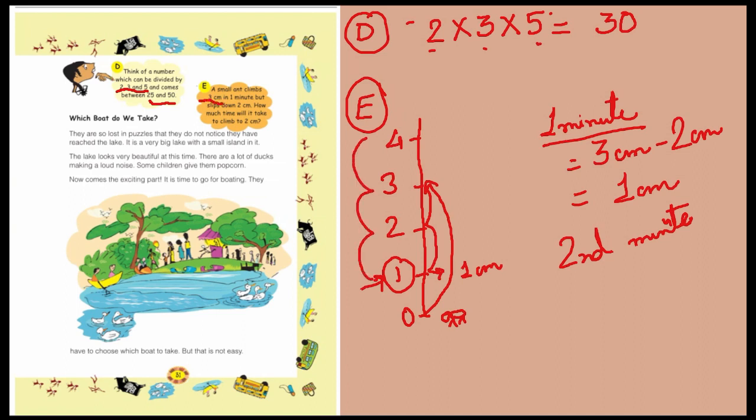So 1, 2, 3 here. But then again slips back 2 centimeters. So 1, 2. So now the ant is here. That means to climb 2 centimeter, it will take 2 minutes. So the answer will be 2 minutes.